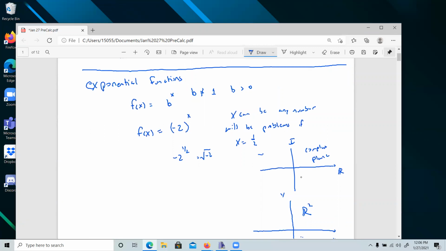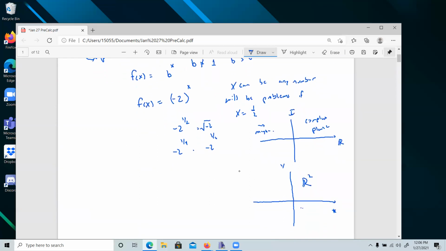So maybe, but not this class. Okay. So here, no, it's not happening. And that's not the only problem that we're going to have, right? If I do -2 to the 1/4, this is also a problem, or -2 to the 1/6, etc. Okay, so that's why we say b has to be greater than 0.